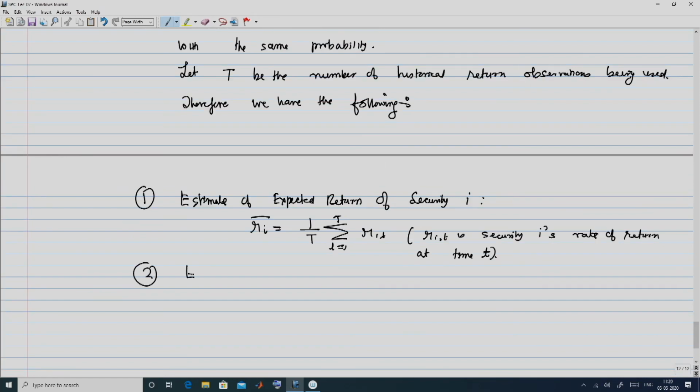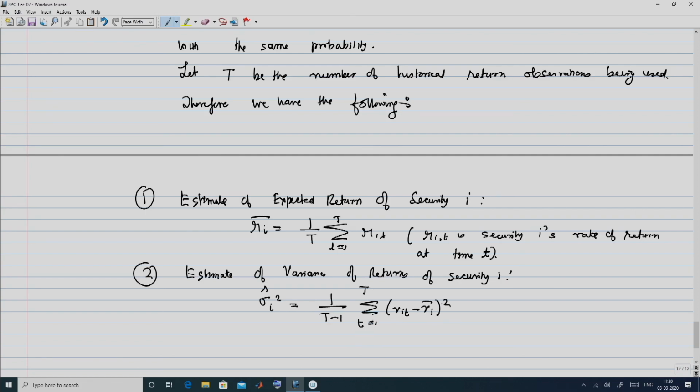Secondly, we look at the estimate of variance of returns of security I. This I will denote by sigma I square hat, and this is going to be 1 over T minus 1 summation t is equal to 1 to capital T, R I t minus R I bar, square.